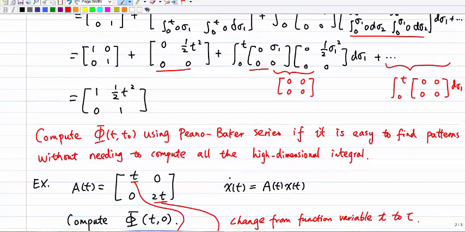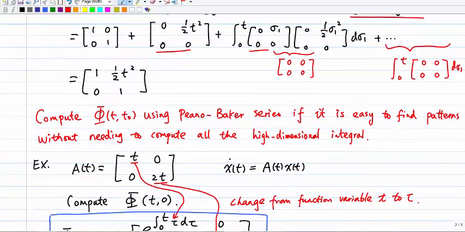The other special case is when the matrix A(t) is a diagonal one. For example here, when A(t) is [t, 0; 0, 2t] and x dot t is A(t) x(t). One finds the transition matrix, which is phi of t and t naught, t and 0.